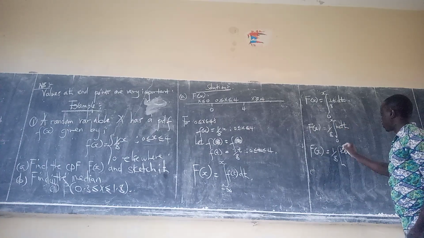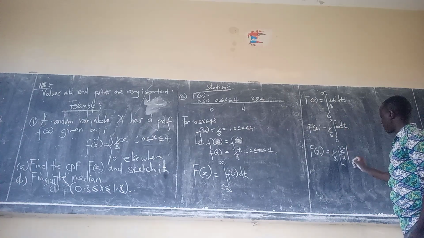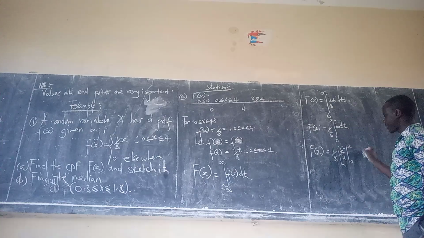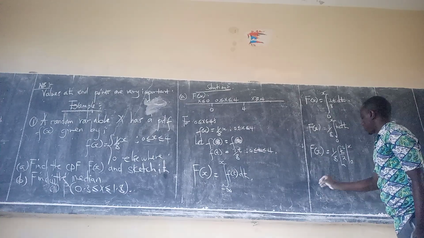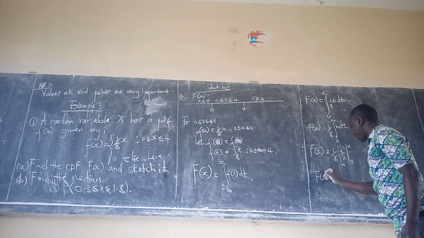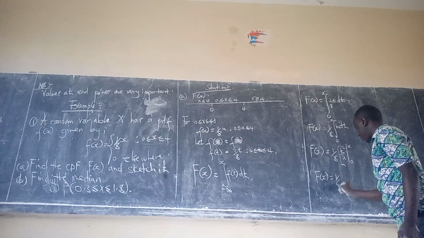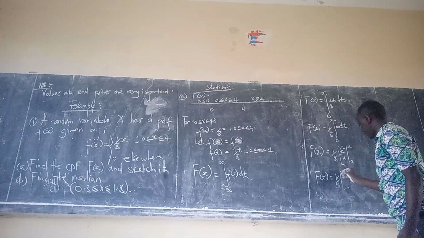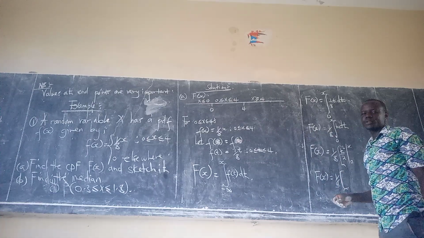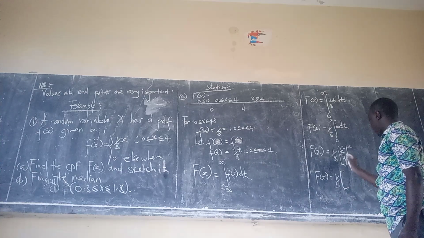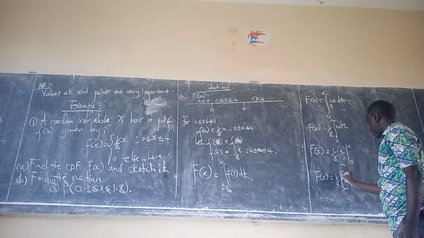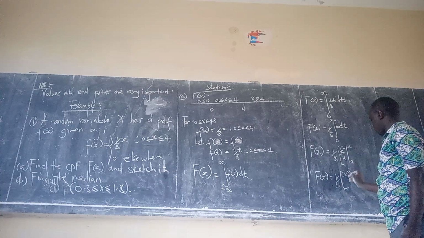We get t squared over 2, but we have integrated from 0 to x. So our capital F of x will become 1 over 8. Put in the upper limit, where there is t, put x, we shall have x squared over 2.